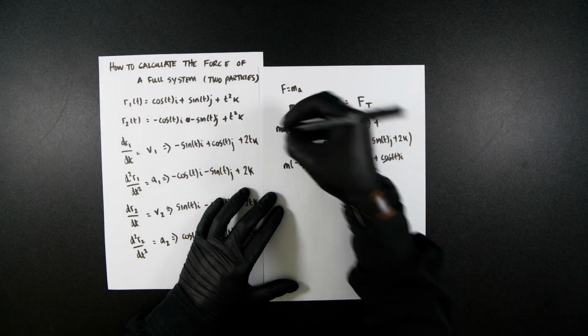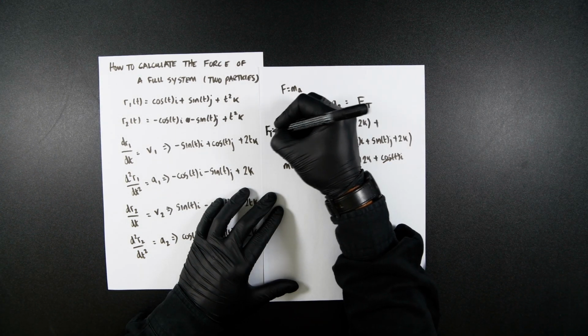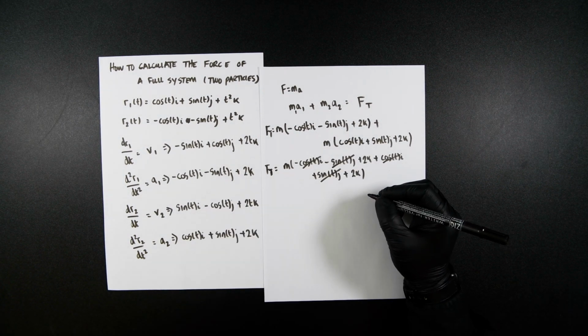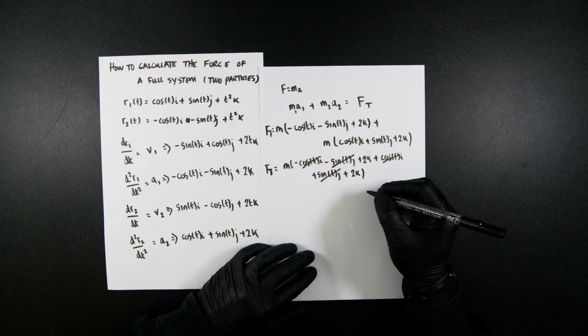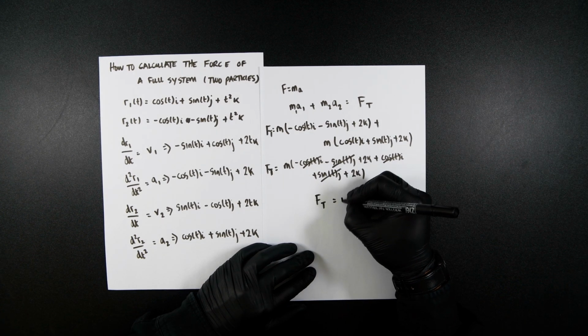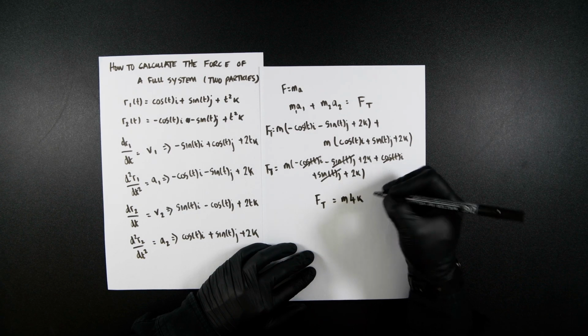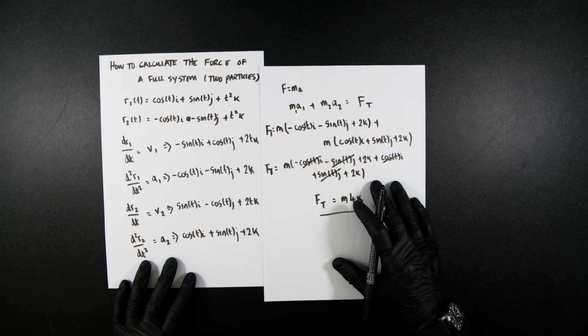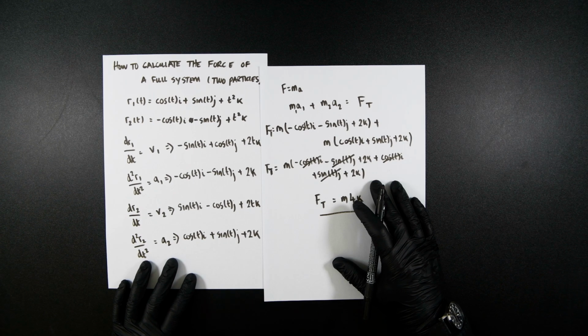So I should probably put F_T equals the force of the total system. You're going to be left with the total force equals m 4k. That's it. You found out the full force of an entire system.